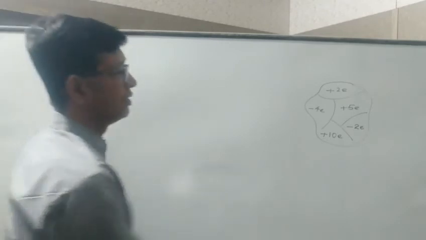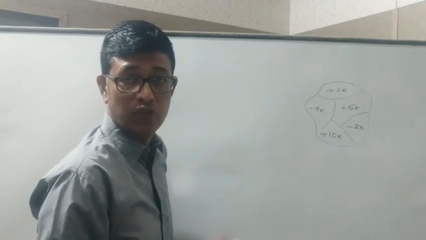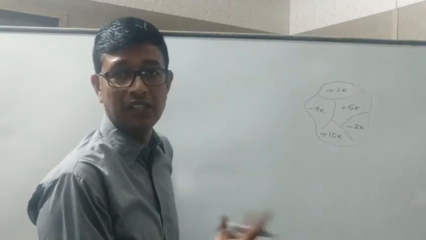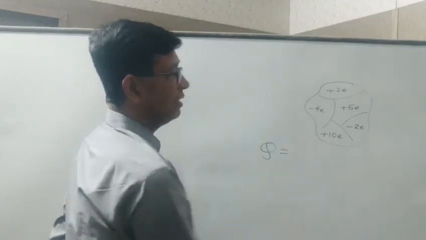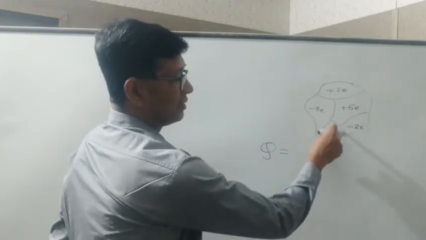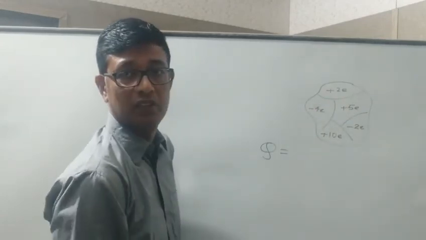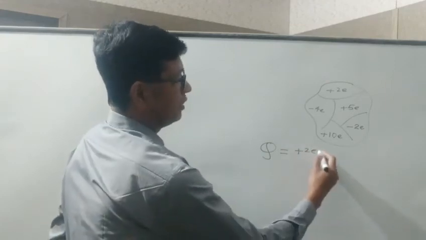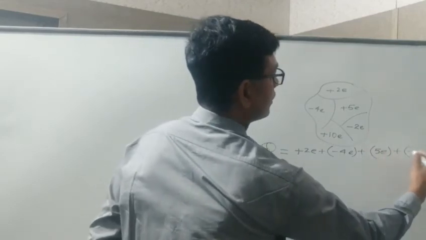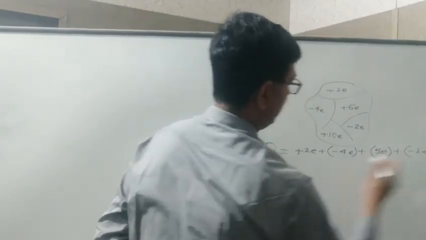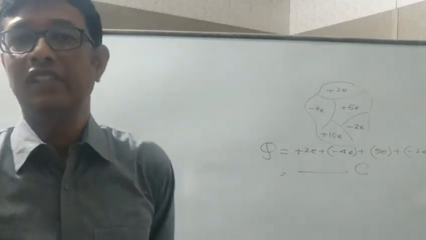So these are Q1, Q2, Q3, Q4, Q5. Charge is a scalar quantity, so it needs to be added algebraically, isn't it? Additive nature means the net charge on the body is given by the sum of the charges present in various parts of the body. That is plus 2e minus 4e plus 5e minus 2e plus 10e. So you'll get the answer. Charge is additive in nature.